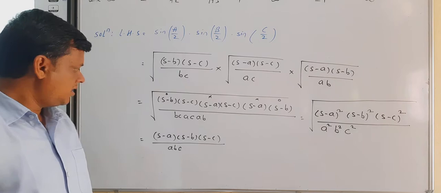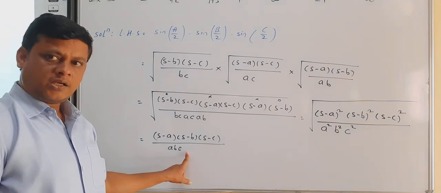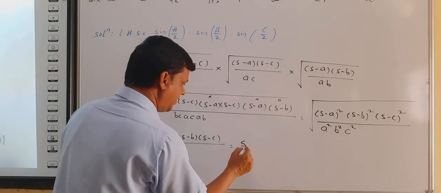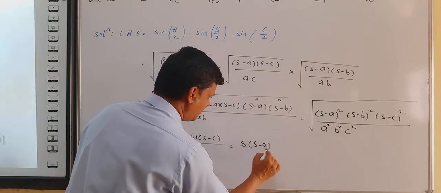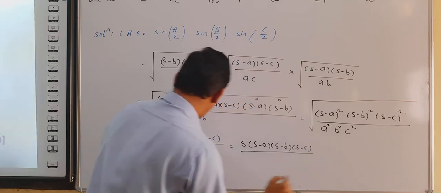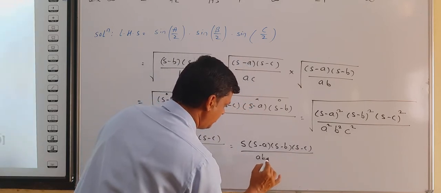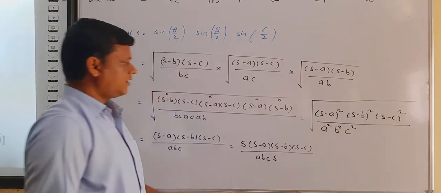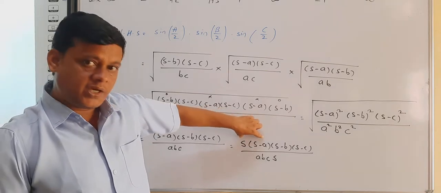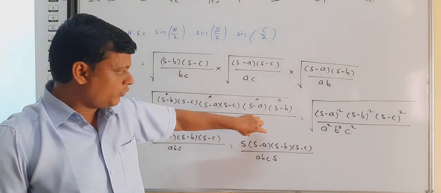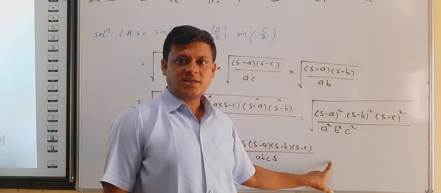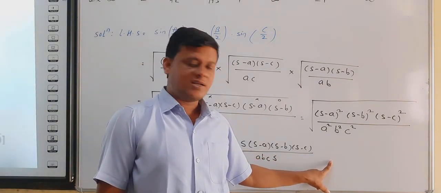In RHS we require s in the denominator, so we multiply and divide by s. So multiplying and dividing by s, we get (s minus a)(s minus b)(s minus c) upon a into b into c into s. Now in RHS we require the area of triangle, and we know that the area of triangle is root of s(s minus a)(s minus b)(s minus c).